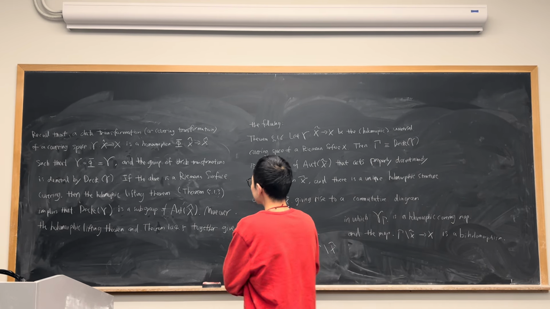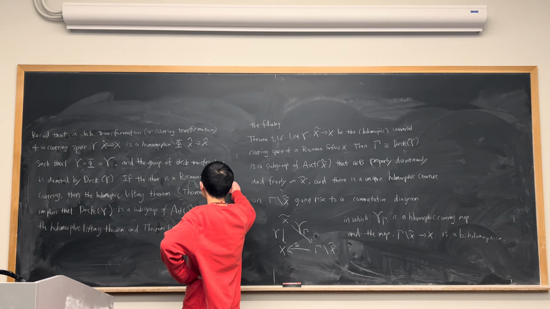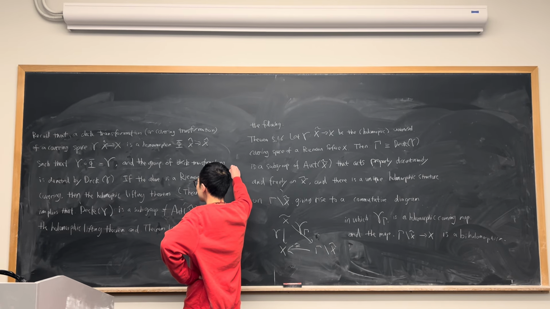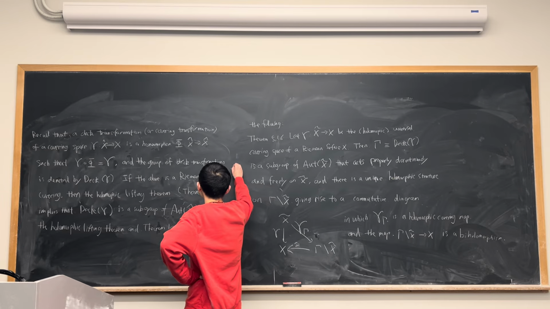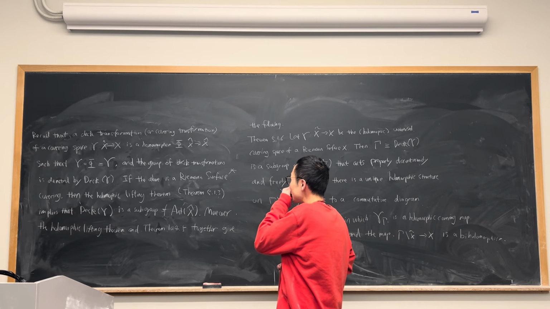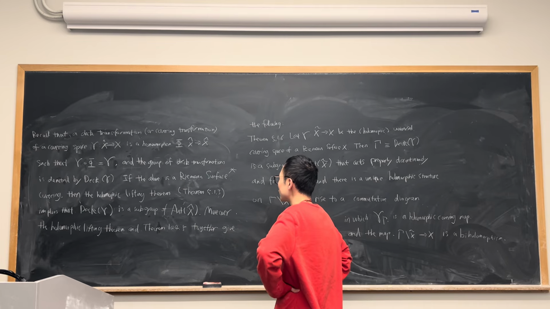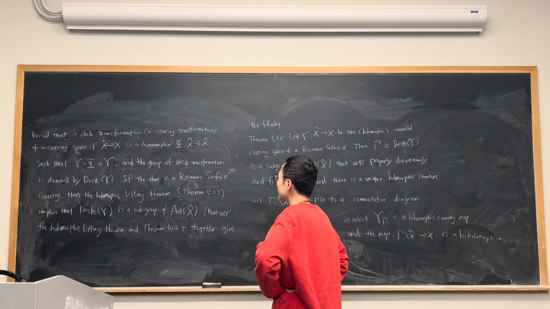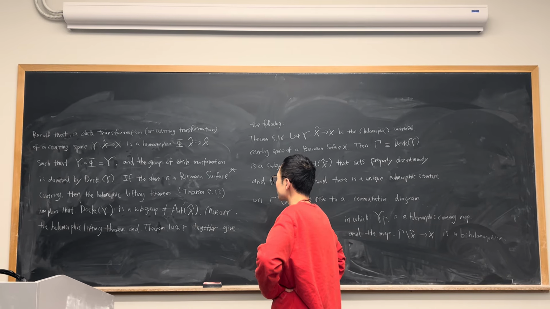Let me try to prove this statement. I'll call this star. If the above is a Riemann surface covering, then the holomorphic lifting theorem implies that the deck transformation is a subgroup of the automorphism group of this X hat.